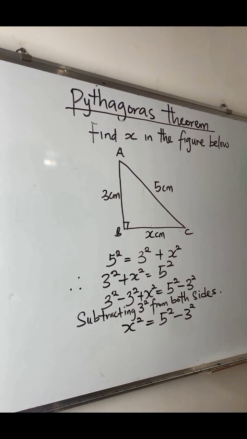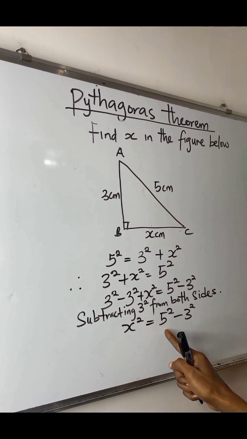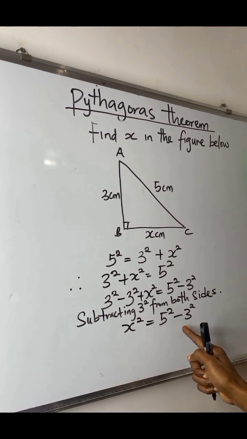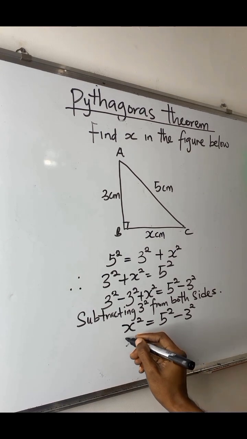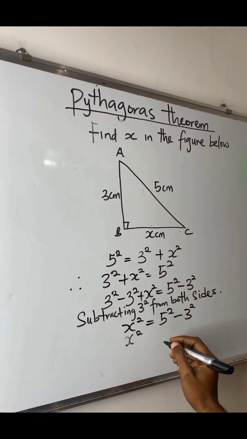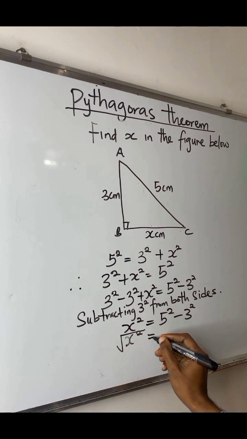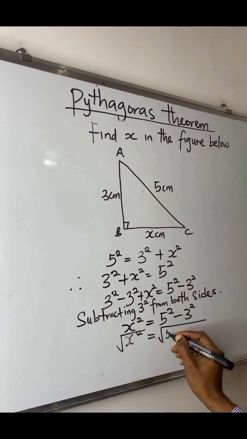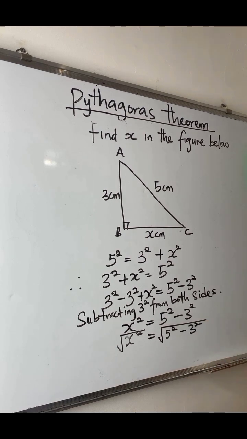Now, if we do that, we're going to have x squared is equal to 5 squared, sorry, minus 3 squared. Why is it minus? Because we subtracted 3 squared from the left-hand side. Now remember, 3 squared minus 3 squared gives us 0, which is nothing, so it disappears. That's why we have our x squared isolated at the left-hand side. At the right-hand side, we have 5 squared minus 3 squared.